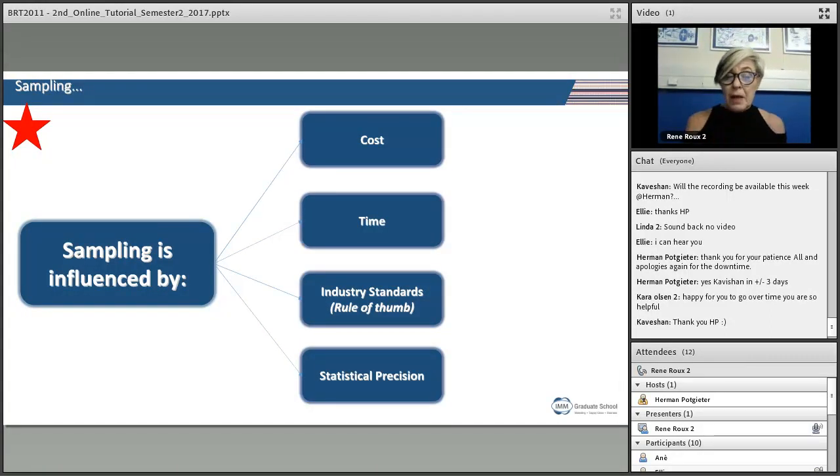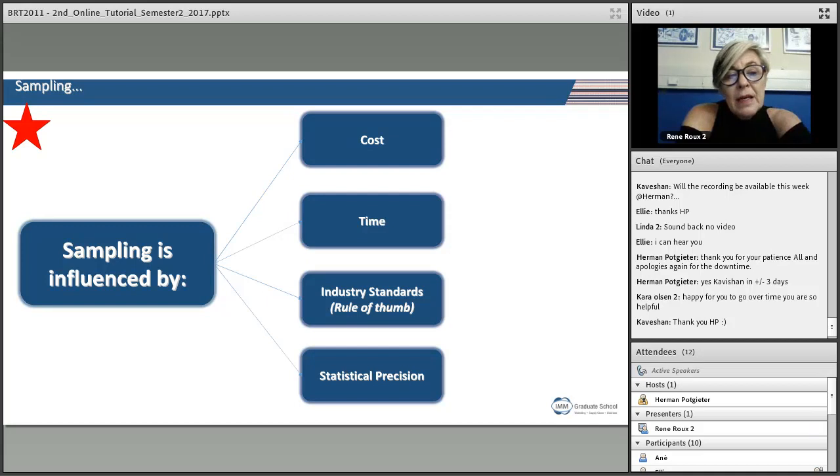So remember, your sampling is always influenced by the cost. How much money do you have available? How much time do you have available? Industry standards and statistical precision. Now, the industry standard rule of thumb, that's usually not in a textbook. But here are a few tips.